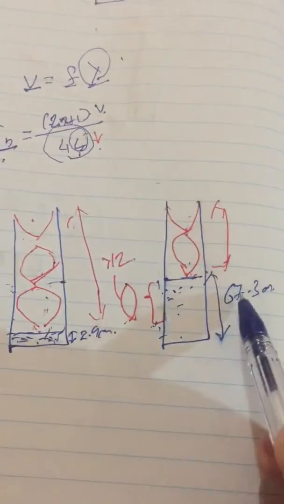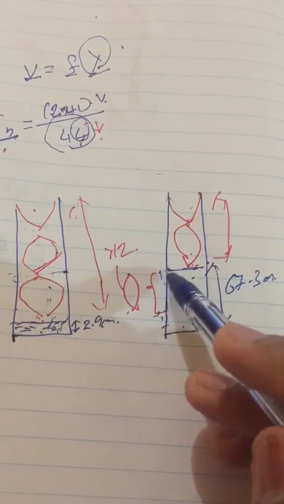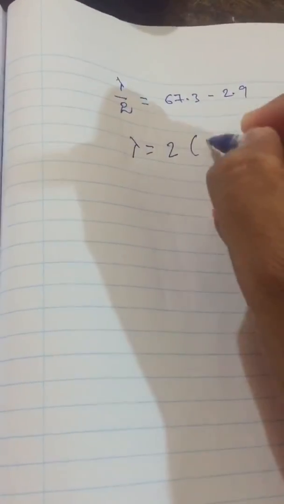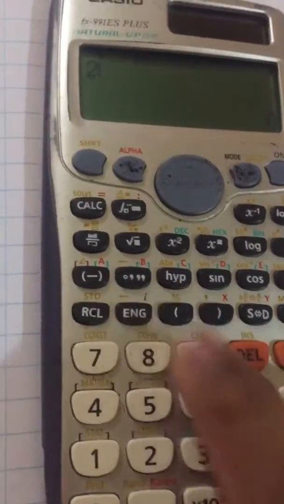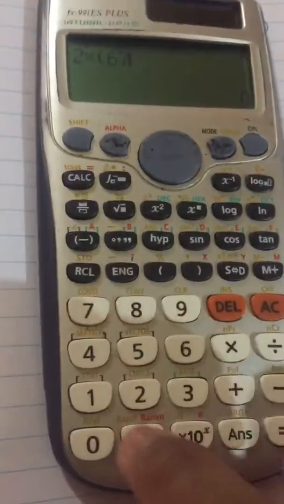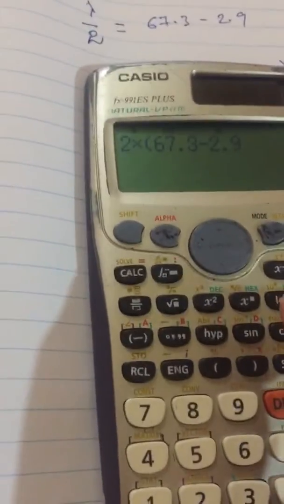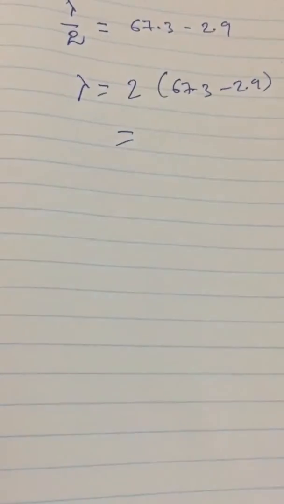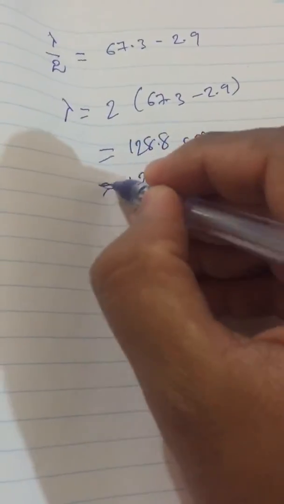So lambda is equal to 2 times (67.3 minus 2.9), which is 128.8 centimeters. So that's basically 129 centimeters.